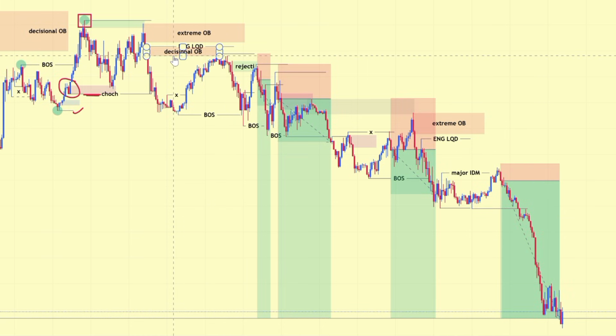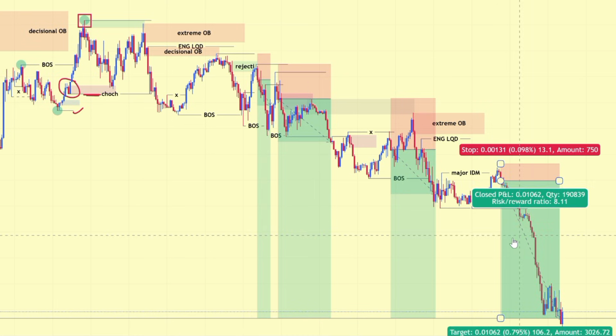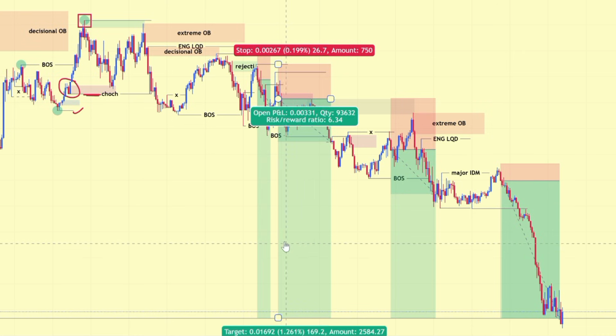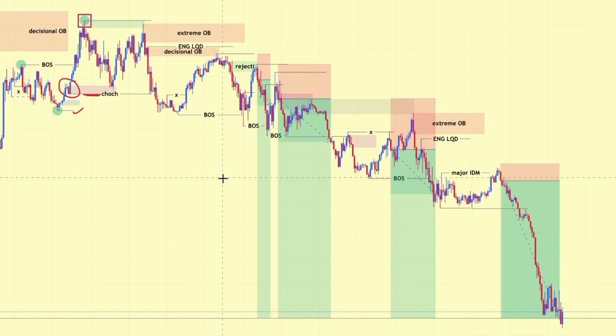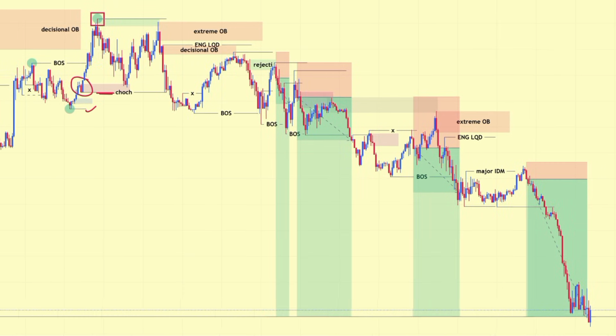Of course, you would have doubted this trade because of this decision order block, but at least you would have gotten at least 2 of these here. Yeah, and you can clearly see all of them gave this insane risk to reward. And in this case, some of them here we have been conservative. Yeah, so you can clearly see that lower time frame execution, if you can actually master lower time frame execution, you can have access to such insane risk to rewards.